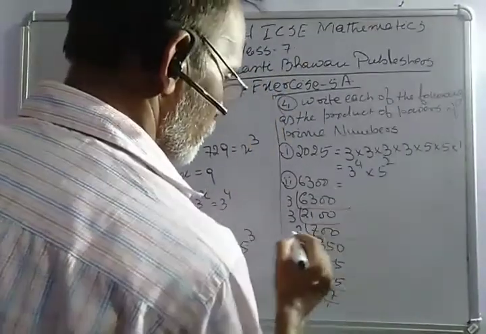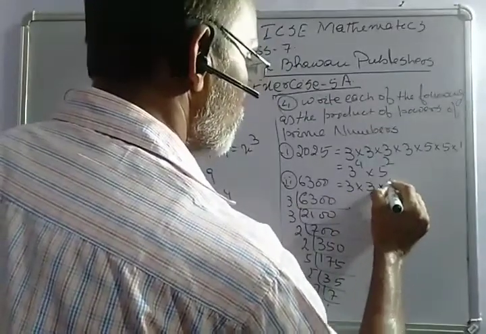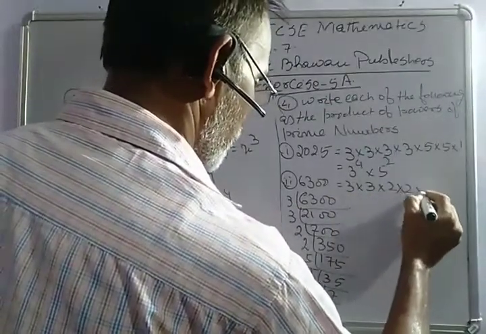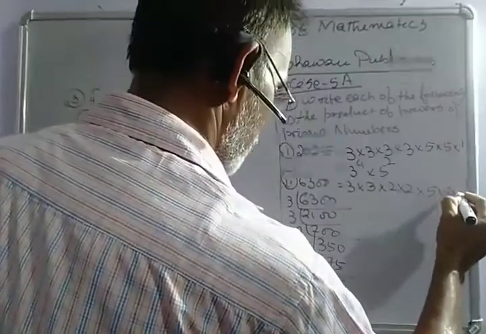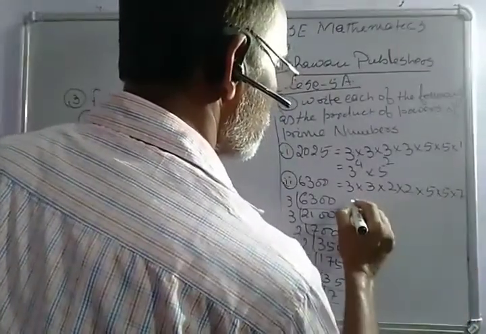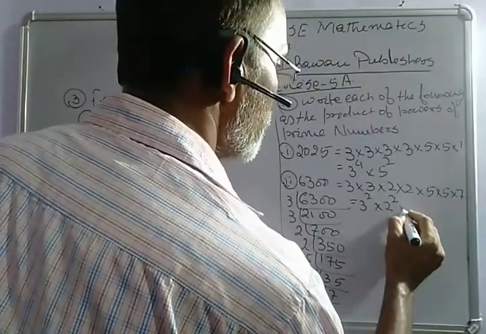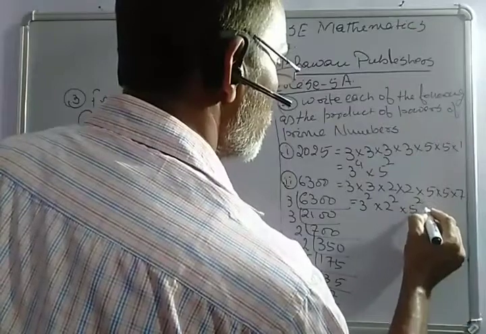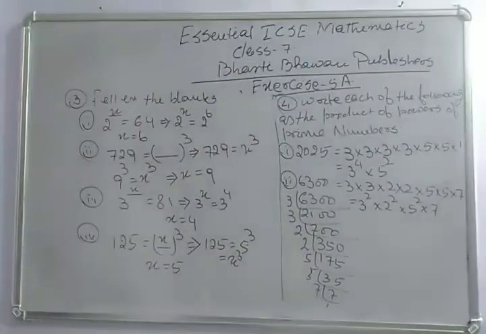So this is equal to 3 into 3 into 2 into 2 into 5 into 5 into 7. So this is equal to 3 to the power 2 into 2 to the power 2 into 5 to the power 2 into 7. This is number 4 part 2.